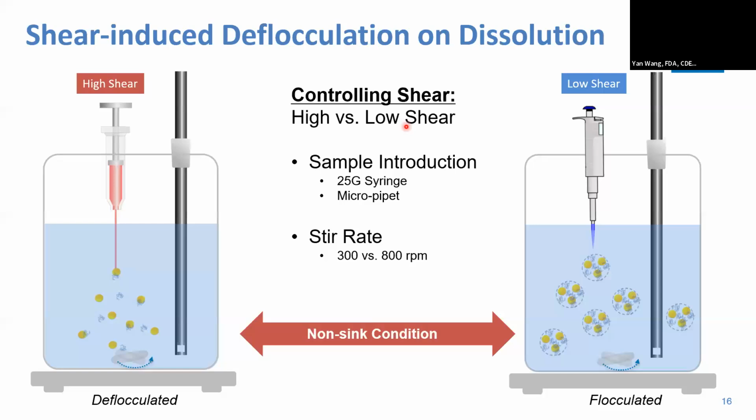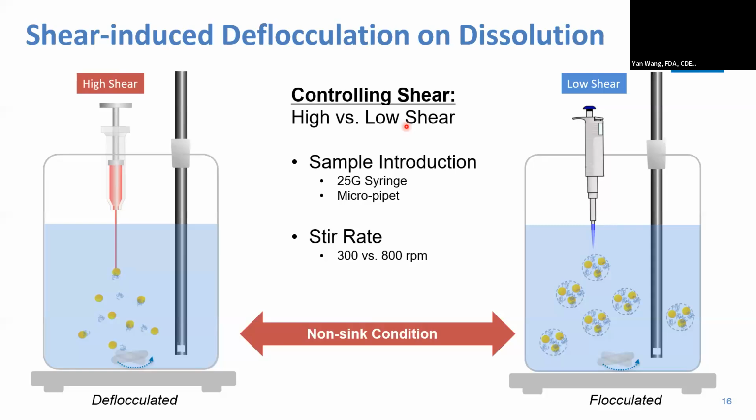And in each system we still need some level of stirring just to properly test and monitor the drug release, which I would say is not present as much in the body.